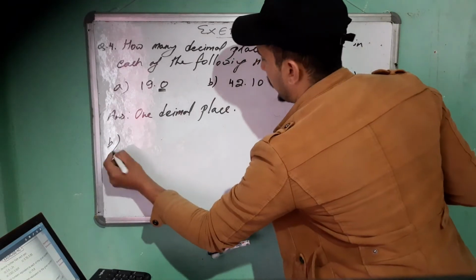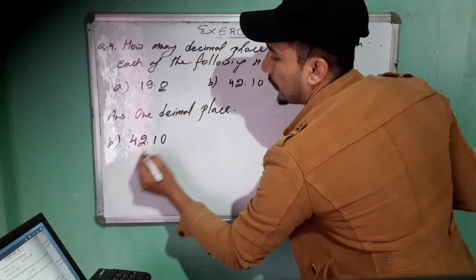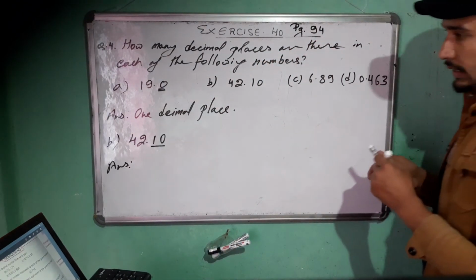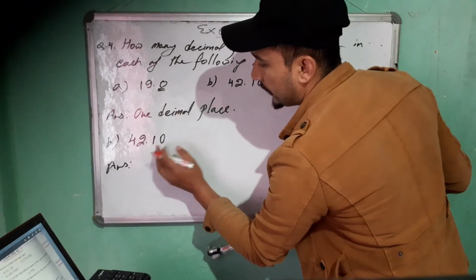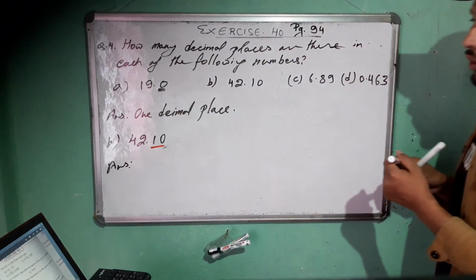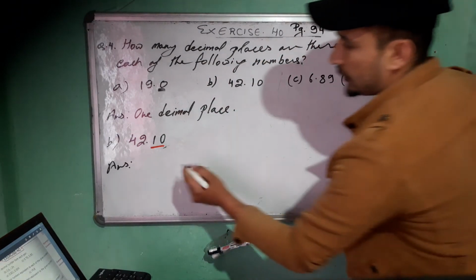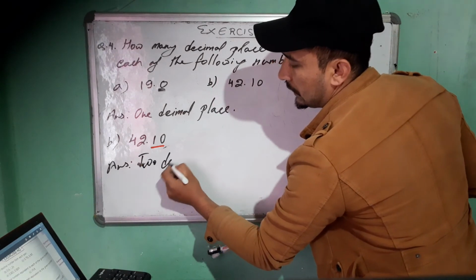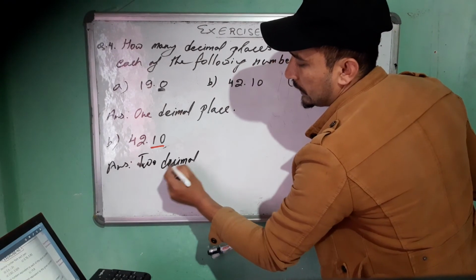Number B, your question is 42.10. So answer, you have two digits after decimal. You have two digits after point or decimal. Okay, so two decimal places. Answer will be two decimal places.